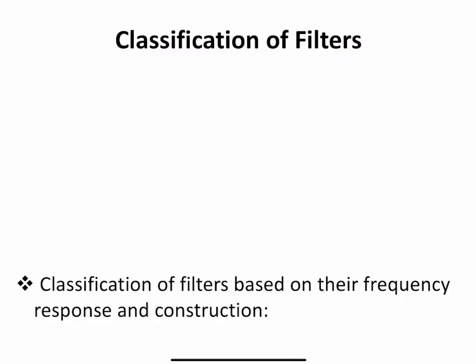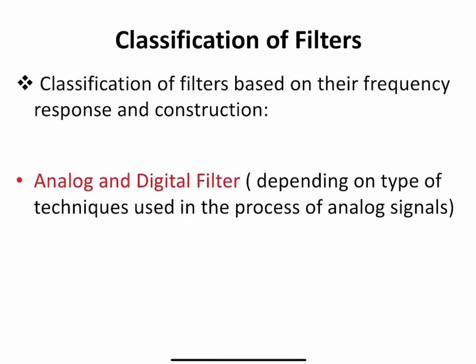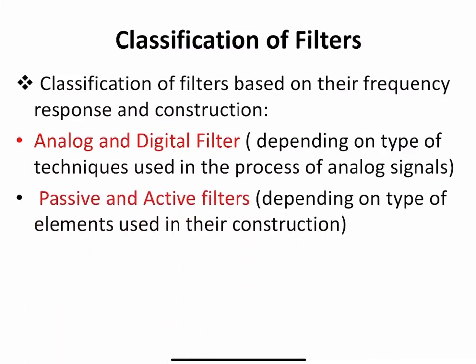Next is classification of filters. Filters are classified depending on their frequency response and their construction. According to their frequency response and construction, filters can be analog and digital, passive and active. Analog and digital means depending on the type of technique used in the processing of signals.